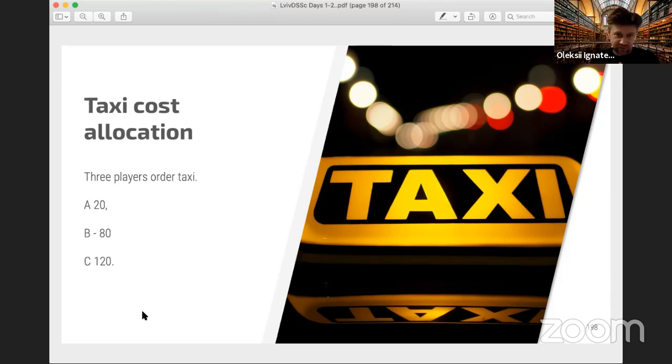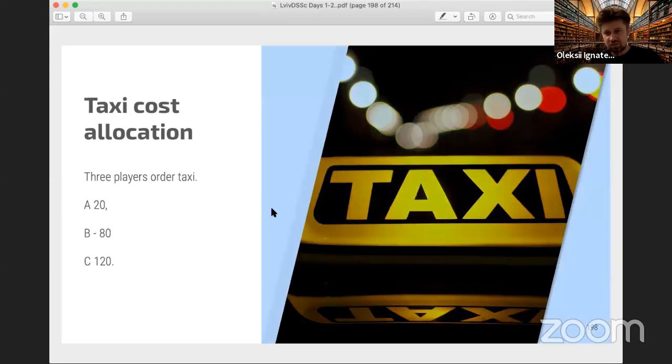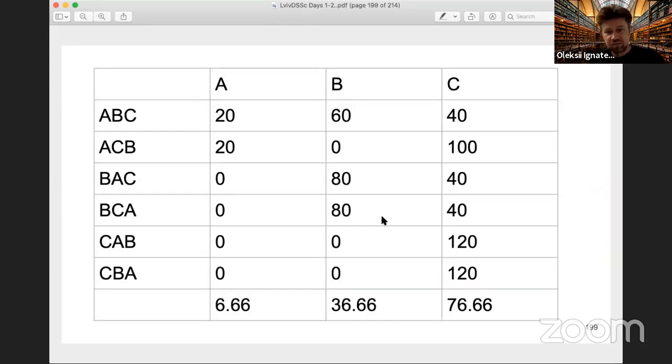So they need to split it, and they can't just split it equally because this way they would have to pay A more than 20, and it's not realistic at all. The Shapley value is very useful for such a situation. We need to create this table with permutations and calculate the values.